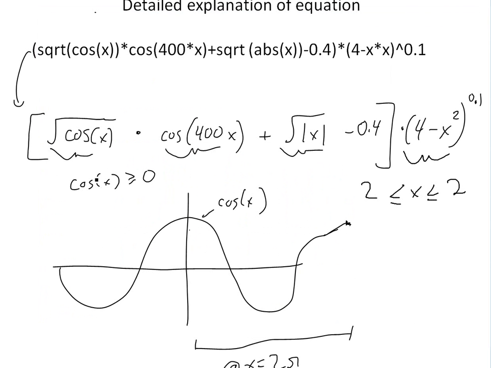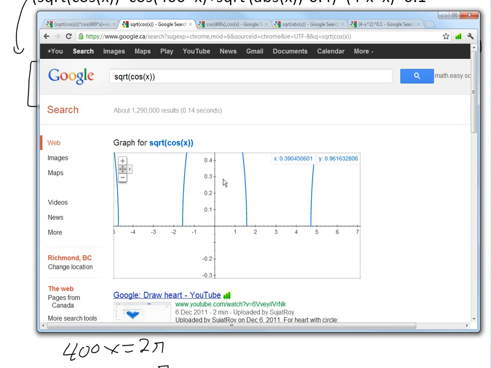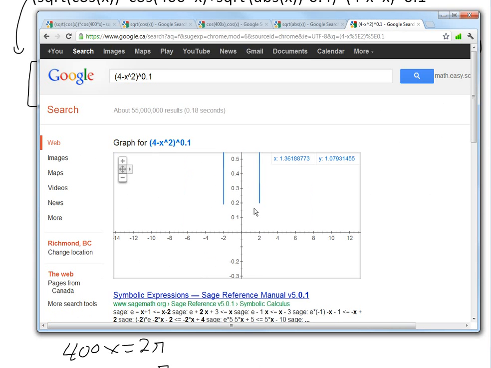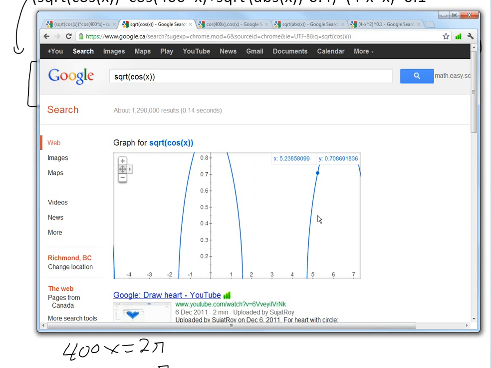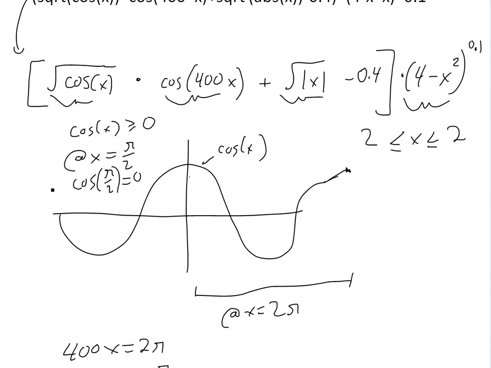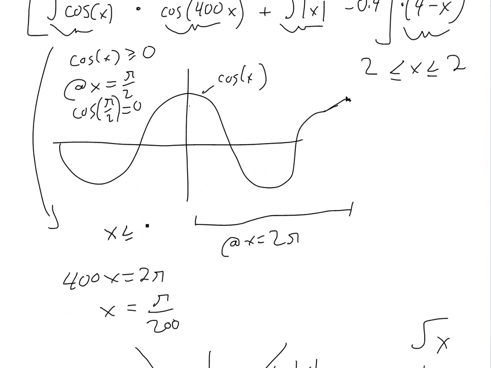It's 0 initially, because we know that cos of pi over 2 is 0. Because this one is between 2 and negative 2, we only have to consider this curve here and ignore all the others. So for the final equation, x is less than pi over 2 and greater than negative pi over 2.